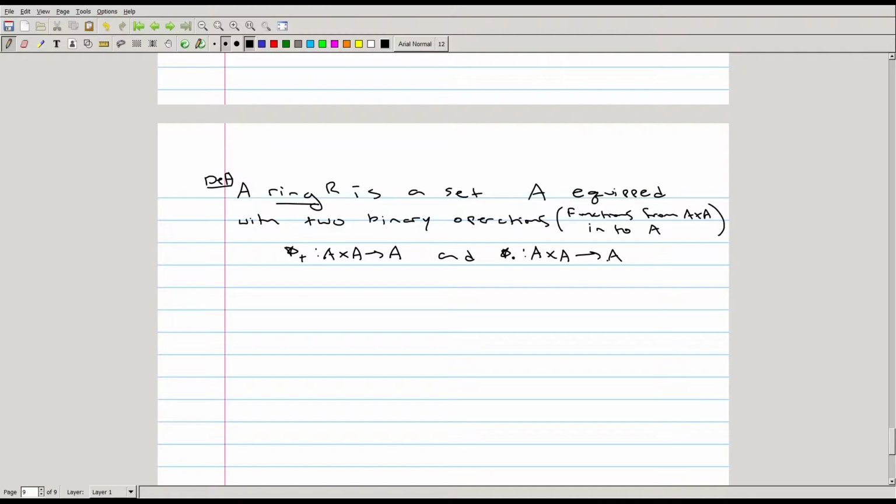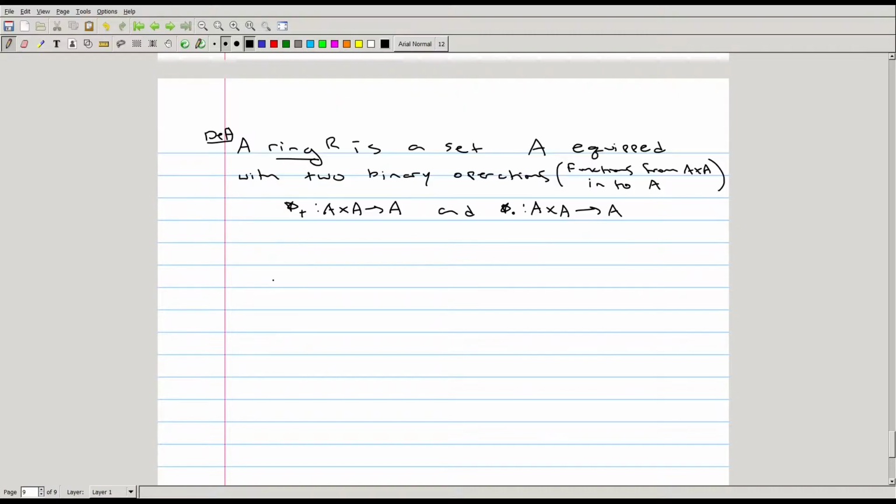However, the idea here is these are completely different operations, and they're general operations defined on the set A that there will be many specific examples of as we move along. And so we assume these two operations must satisfy the following axioms.